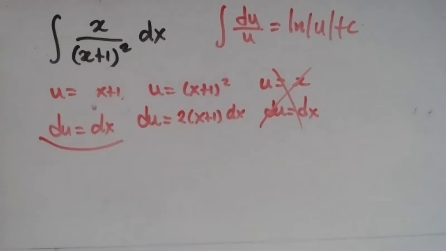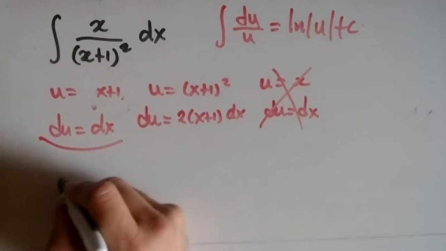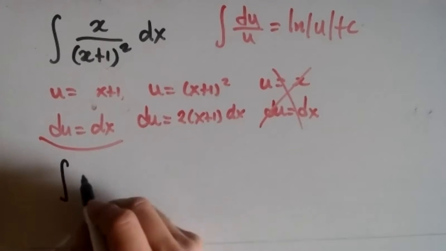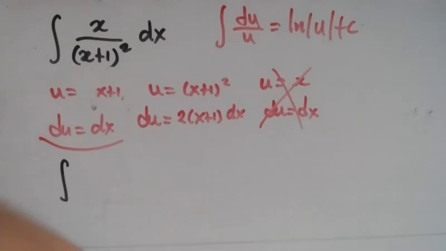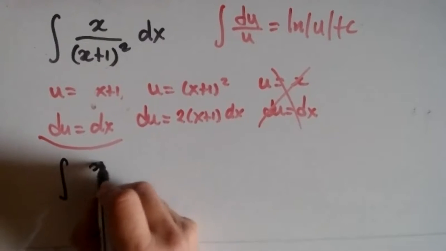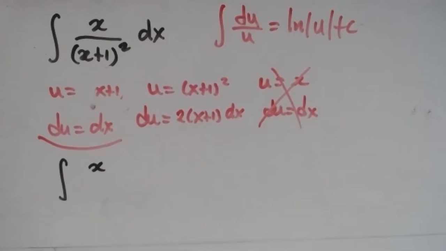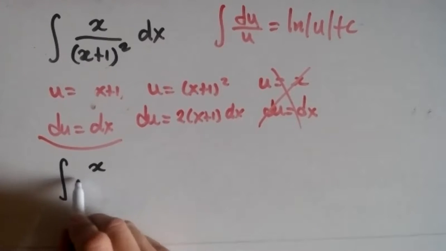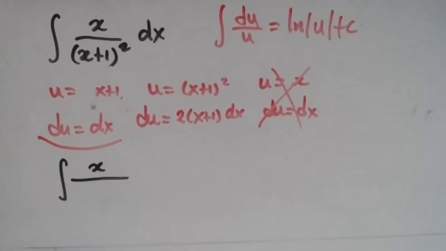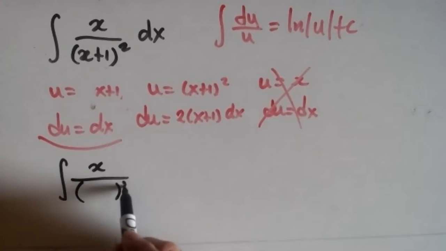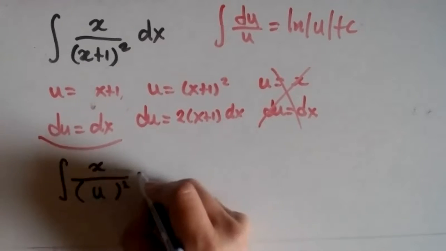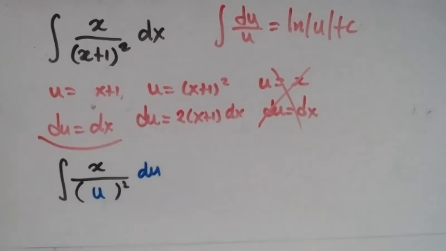So if we change the integral with these parameters, I have the integral of x over parentheses, x squared, I'm going to put here the u, and then the du. Let me just use the red.